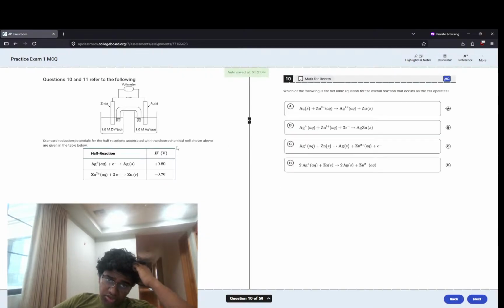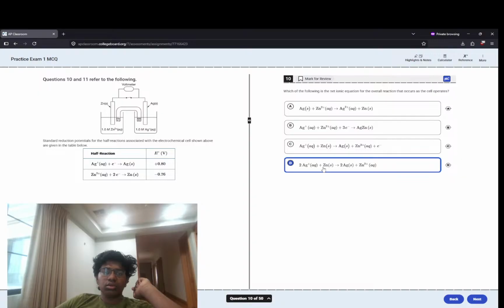Standard reduction potentials are given. Net ionic. So you probably want to reverse this little guy, and you probably want to multiply this guy by two. Probably just 2Ag plus Zn2+, sorry, plus Zn. Sorry.